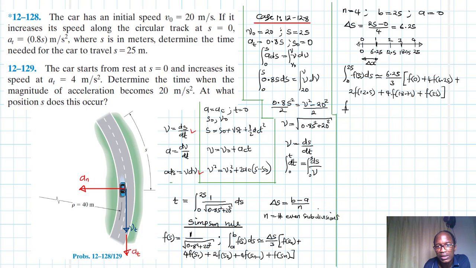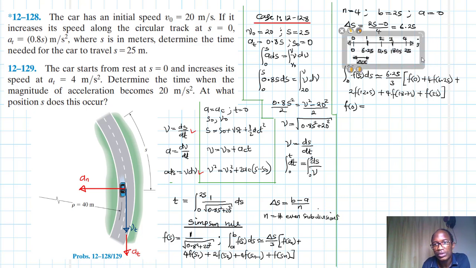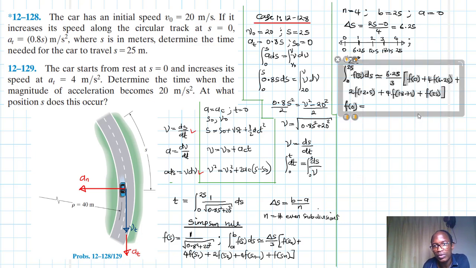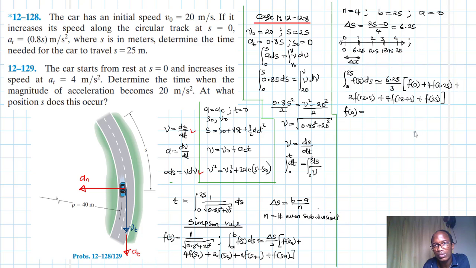So let's begin to find these values. What is f of 0? We will plug 0 into this function here. Let me move this somewhere there, and write the function again.